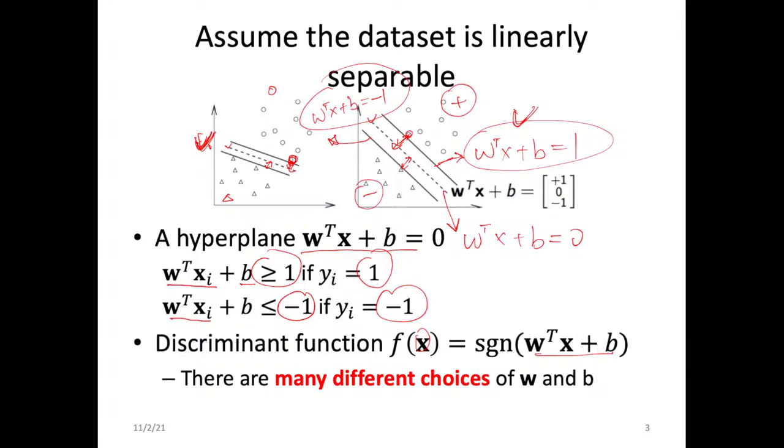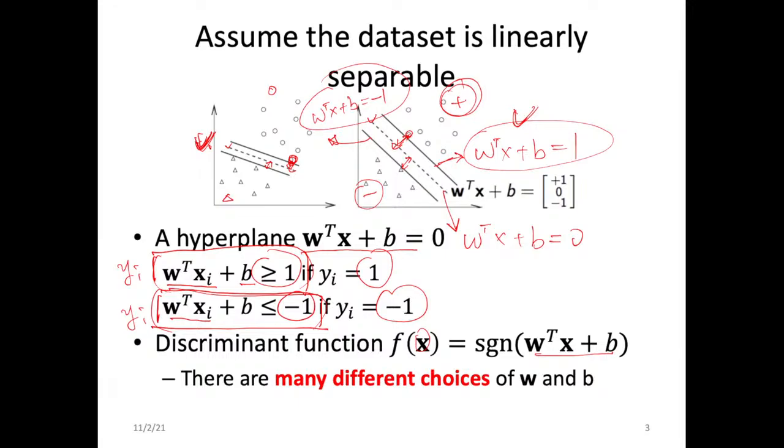For the positive instances, we want W transpose Xi plus B to be larger or equal to 1. For all the negative instances, we want W transpose Xi plus B to be smaller or equal to negative 1. So that means if we multiply this by Yi, they are always larger or equal to 1.